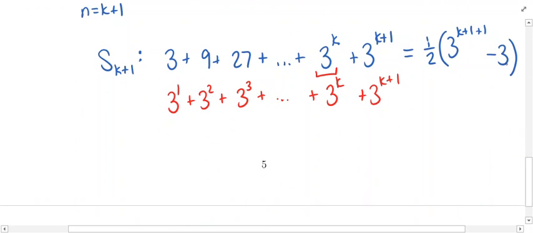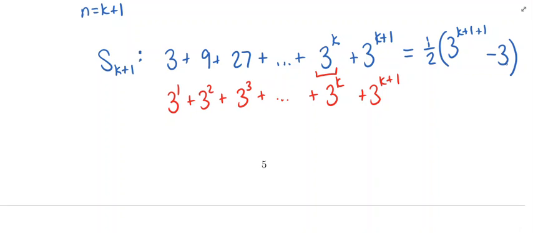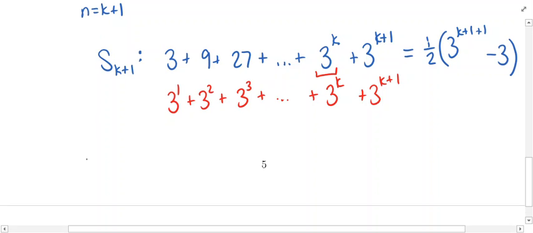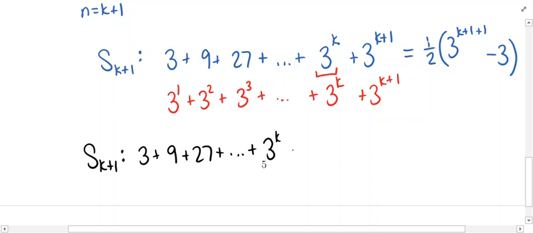So the red stuff that I wrote down, I was trying to show you the pattern on the left side. So I'm going to go ahead and write the final S of k plus 1 statement in black. It is going to be 3 plus 9 plus 27 plus ... plus 3 to the k plus 3 to the k plus 1.